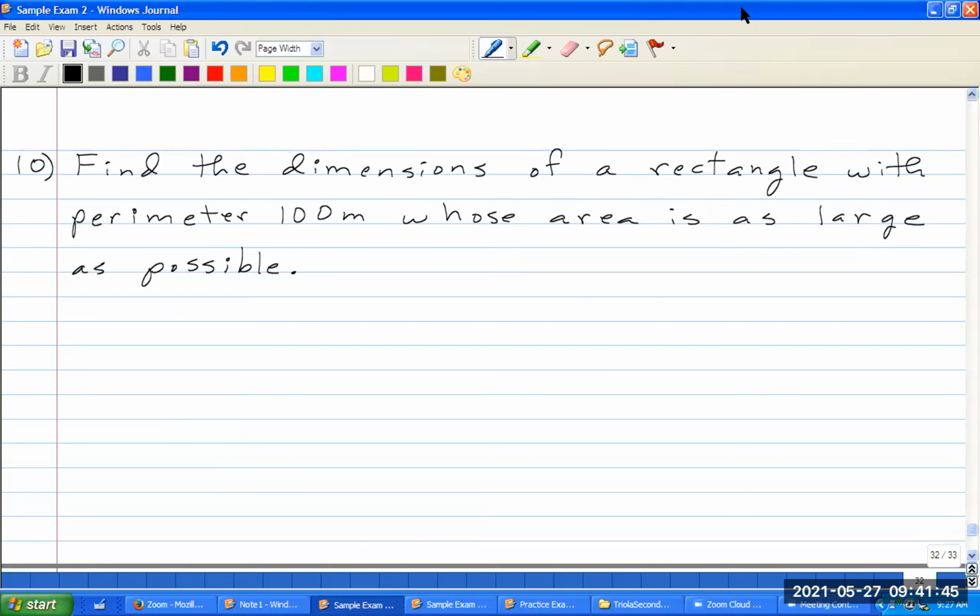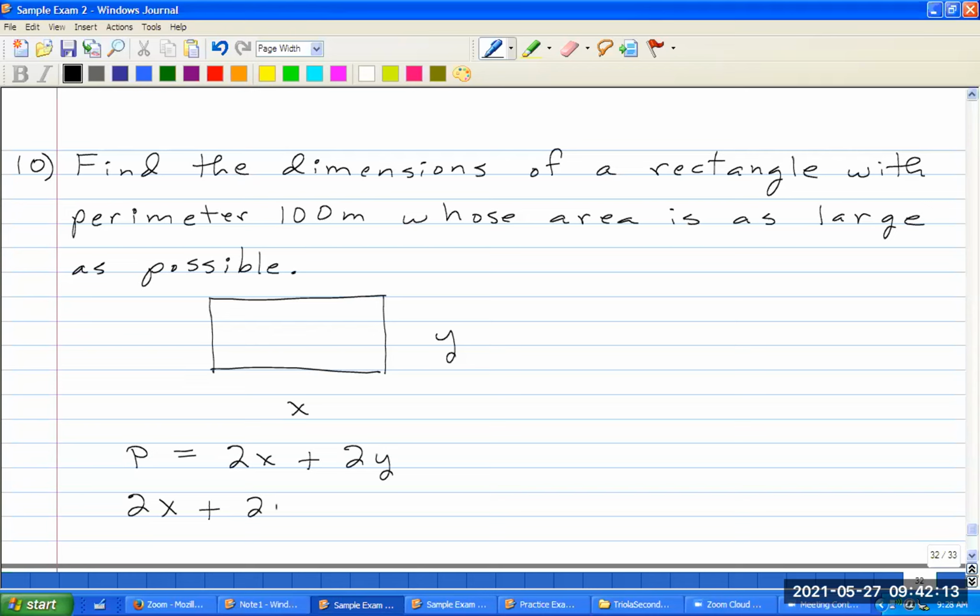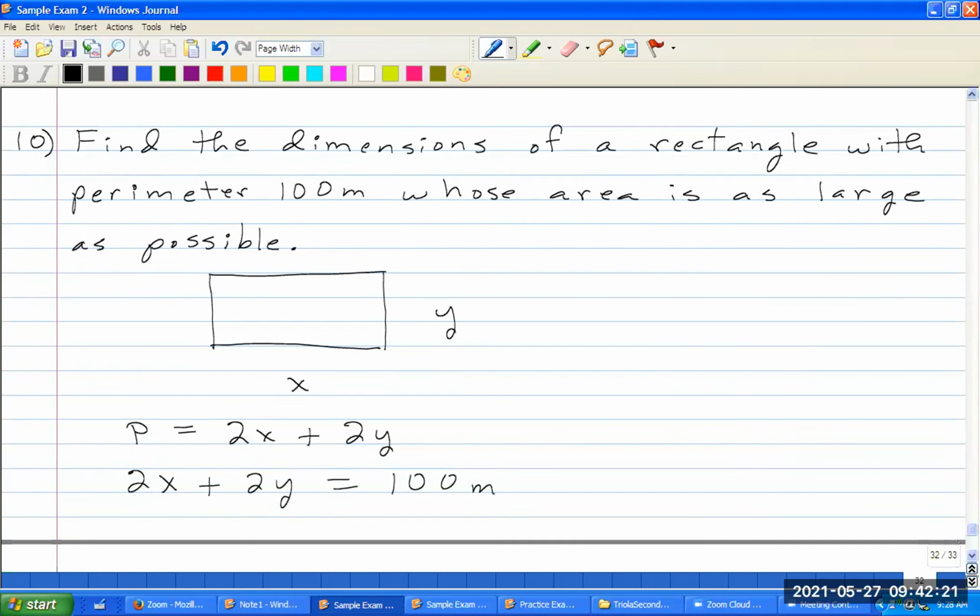Find the dimensions of a rectangle with perimeter 100 meters whose area is as large as possible.